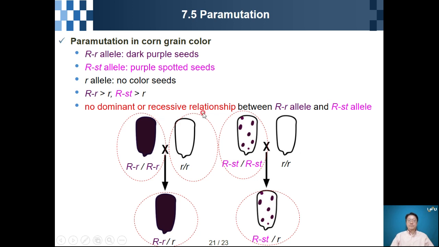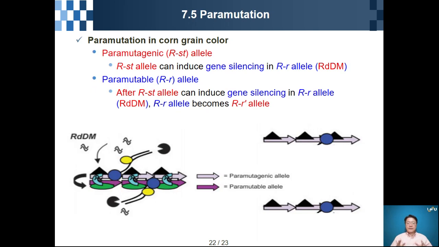In this slide, I will explain the relationship between the R st allele and the R allele. The R st allele functions as the paramutagenic allele, and the R allele functions as the paramutable allele. The paramutagenic allele, which we call the R st allele, is usually highly methylated. How about the other allele?